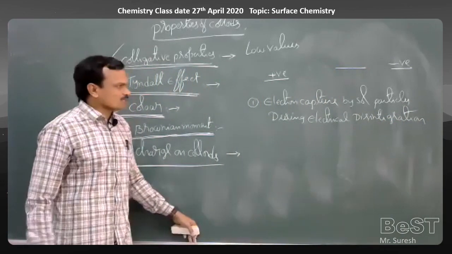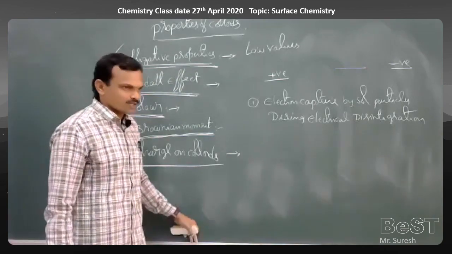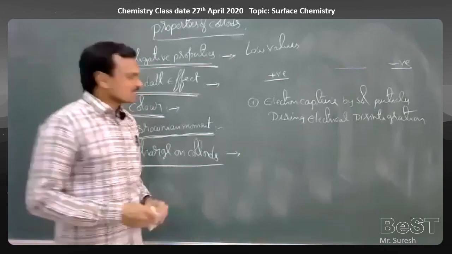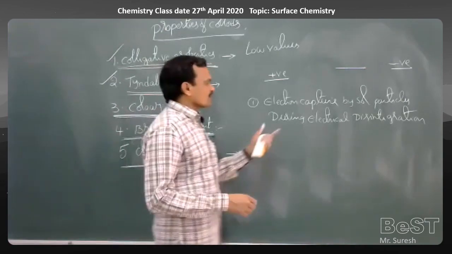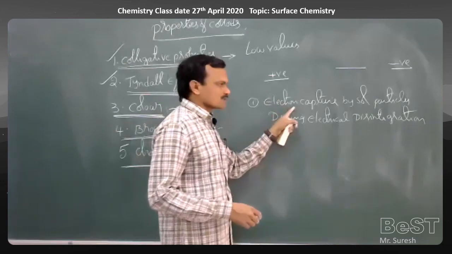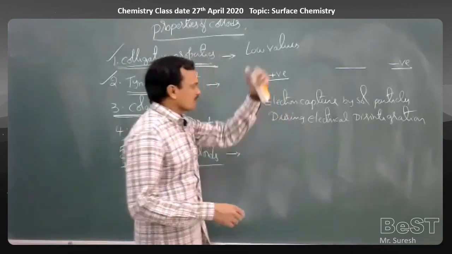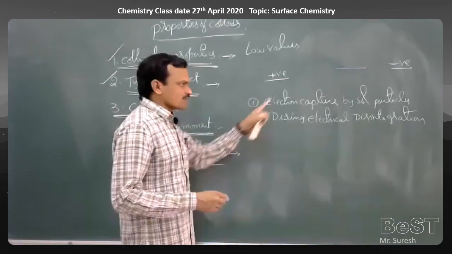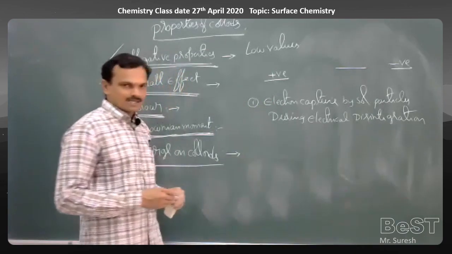Earlier we discussed the Bredig arc method, which is an electrical disintegration method. During the electrical disintegration method, the colloidal particles can capture electrons. As a result, we can get negatively charged particles. So electron capture by salt particles during electrical disintegration is one method.